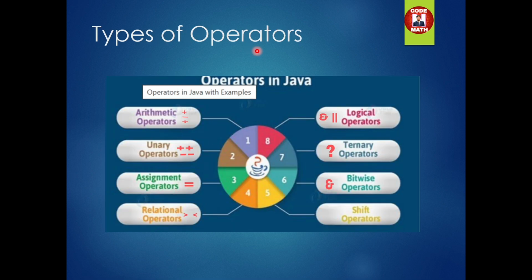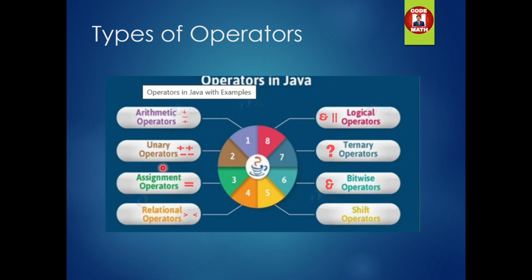So now we can talk about the types of the operator. There are several types of operator, like arithmetic operator, where we talk about addition, subtraction, division, multiplication. Okay, and further we do have this unary operator, and we have assignment operator.